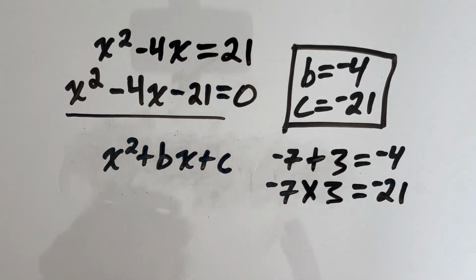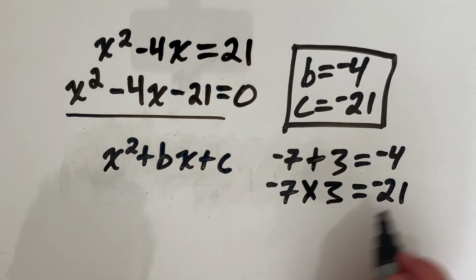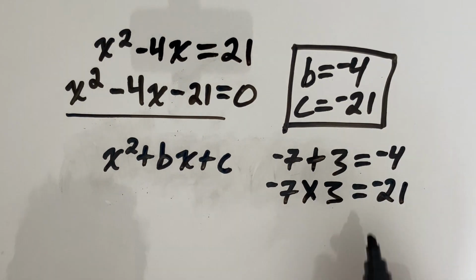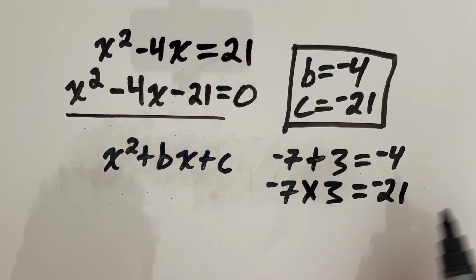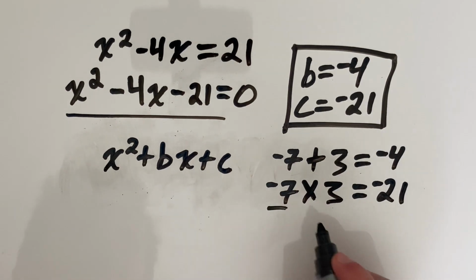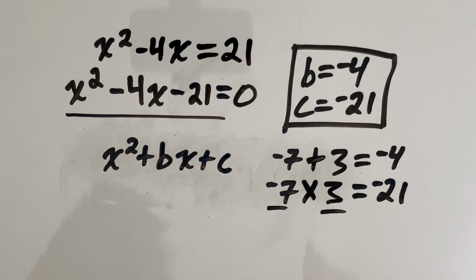It does, so those are our two numbers. But if we had instead, down here, tried negative 3 times 7, that does equal negative 21. However, negative 3 plus 7 would give us 4, not negative 4. So you have to make sure you get the correct two numbers. And in this case, we've got negative 7 and 3, and those will make up our answer.